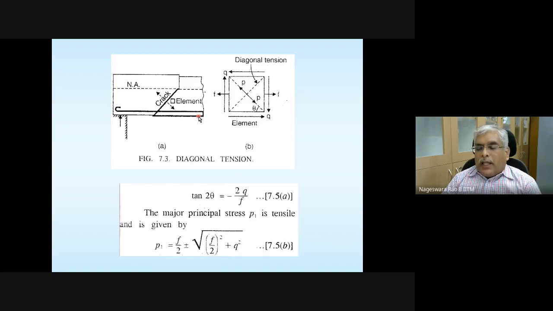Once you get the normal stress and shear stress, making use of these equations at any point along the depth of the beam, you should be able to find the principal stresses and the principal directions. An element is taken and shown here, and the free body diagram shows the forces acting on that element.